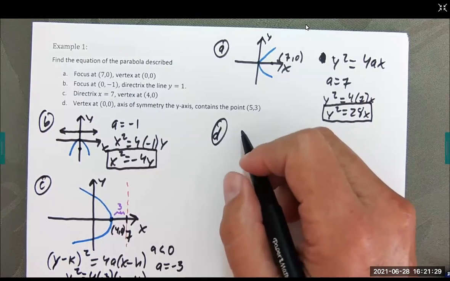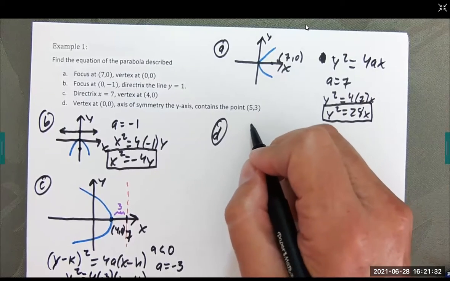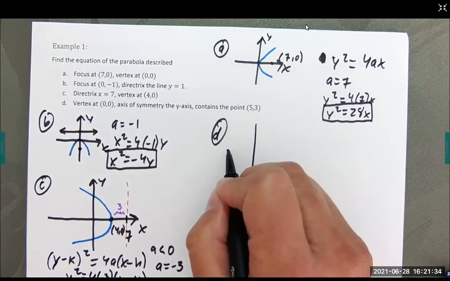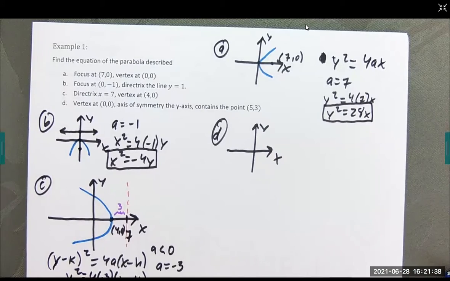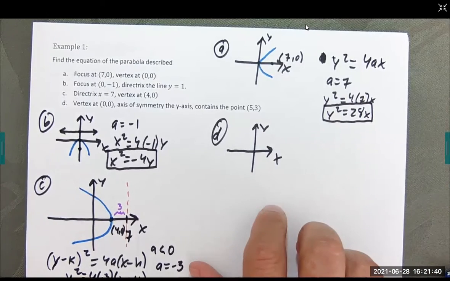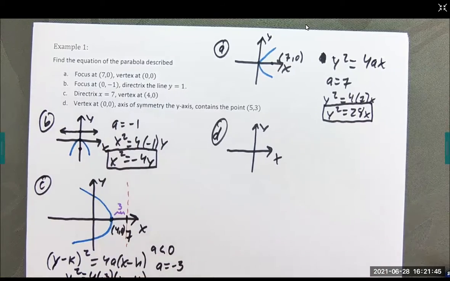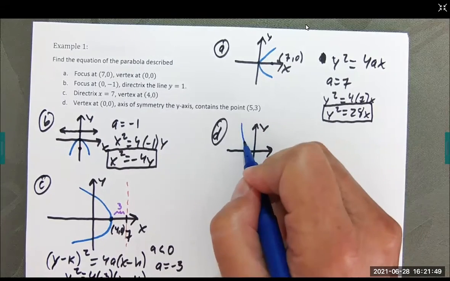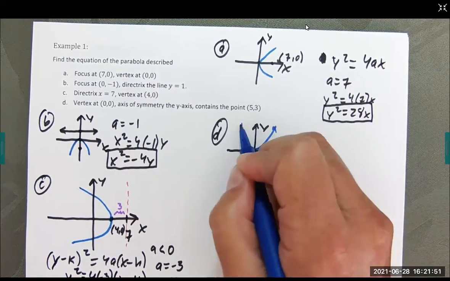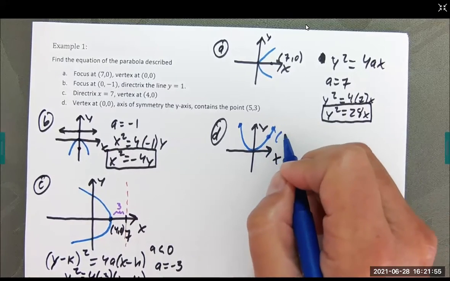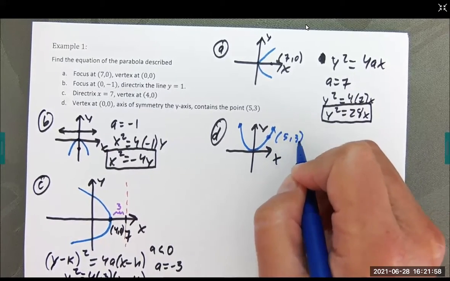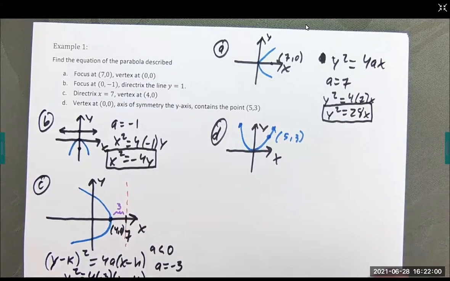Okay, so we are looking at it looks like because the y-axis is, looks like we are here. And it contains the point 5, 3. So we are looking at this scenario.